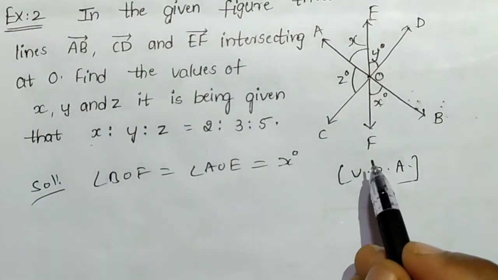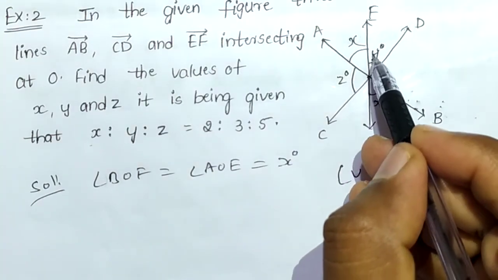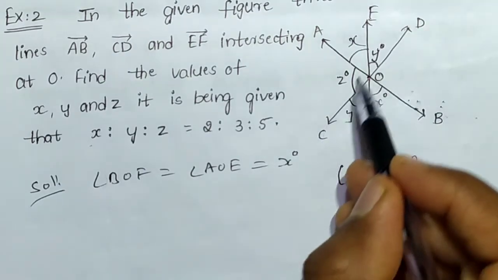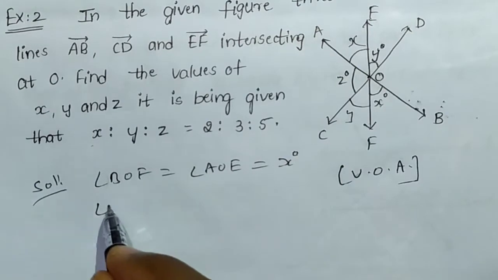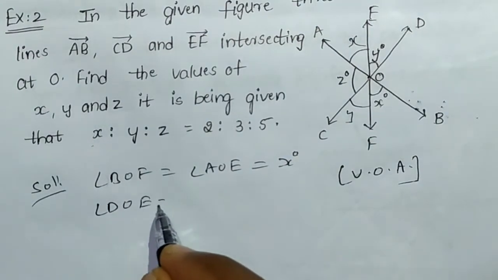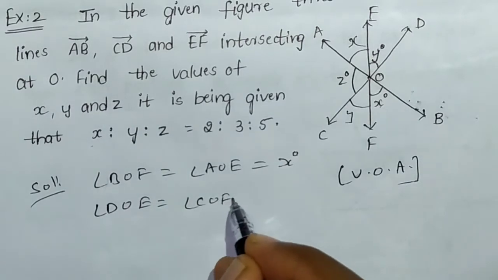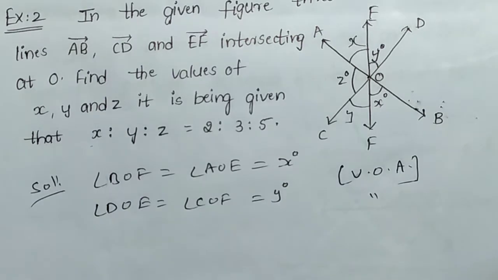Next, angle DOE is Y. Its vertically opposite angle, angle COF, is also Y. So angle DOE is equal to angle COF, which is also Y degrees, the same vertically opposite angles.